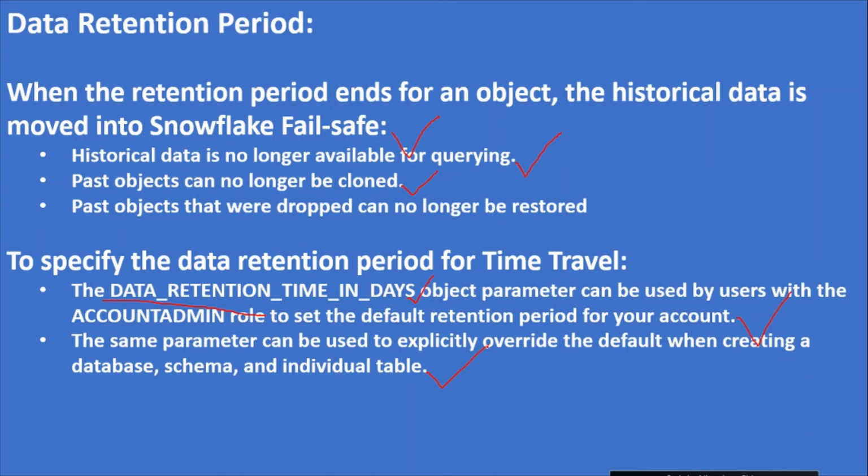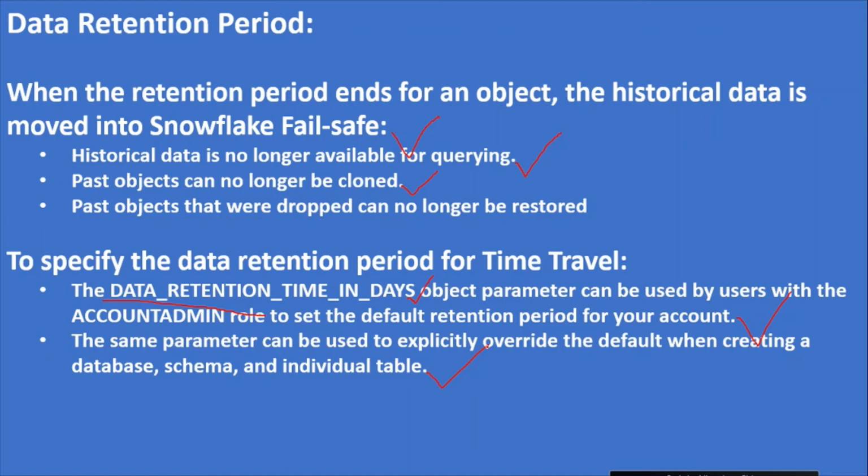Assume that at account level, the DATA_RETENTION_TIME_IN_DAYS is 0. That means you effectively disable the time travel feature at account level. Now you are going to create one database where you need time travel of 5 days for the entire database level.